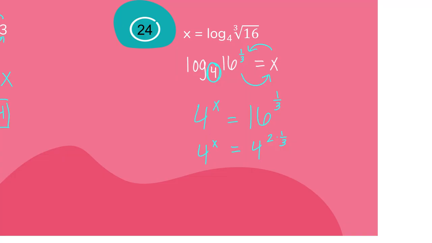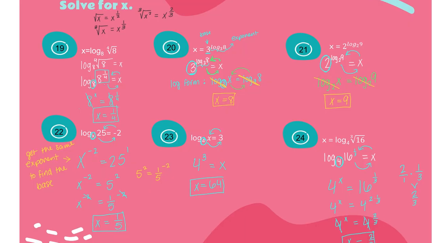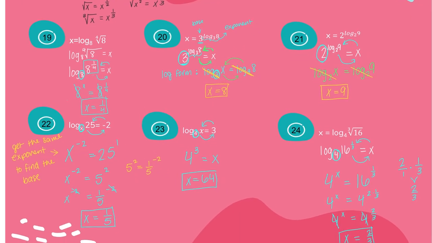You could put it as 2 over 1, but I'll go ahead and solve it over here. 2 over 1 times 1/3 is just going to give me 2/3. So 4 to the power of x equals 4 to the power of 2/3. Because I have the same bases, cancel it out, and x is going to equal 2/3. And that's it. Okay. Nothing new.